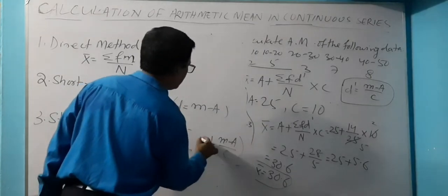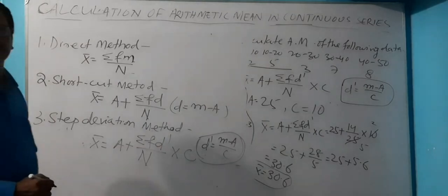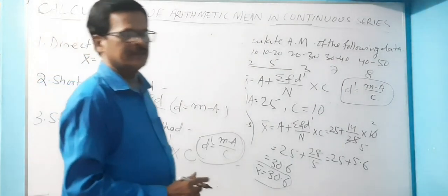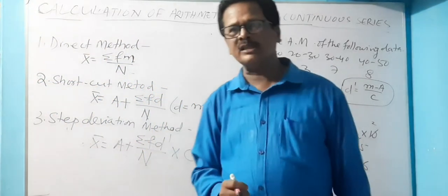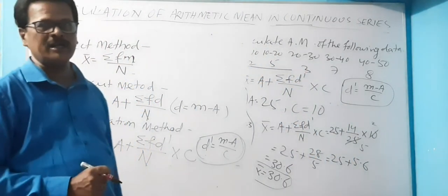D dash is equal to m minus a divided by c. Remember these three methods and calculate arithmetic mean by using these methods. Okay. We will meet again in our next part. Thank you.